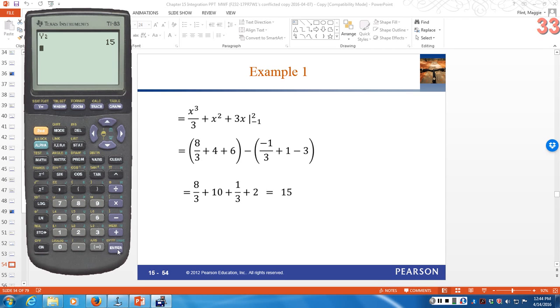It tells me what y2 is. It gives me the result of the integral. Okay? So that's how you find the area between two curves.